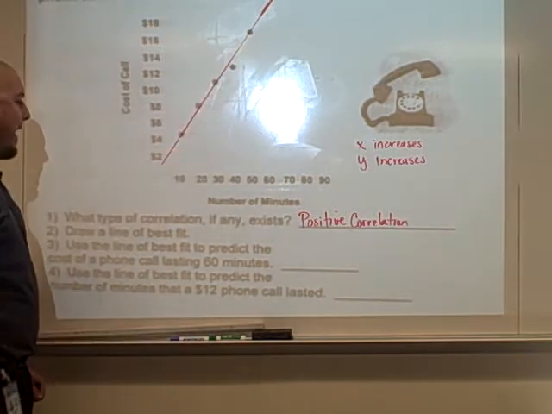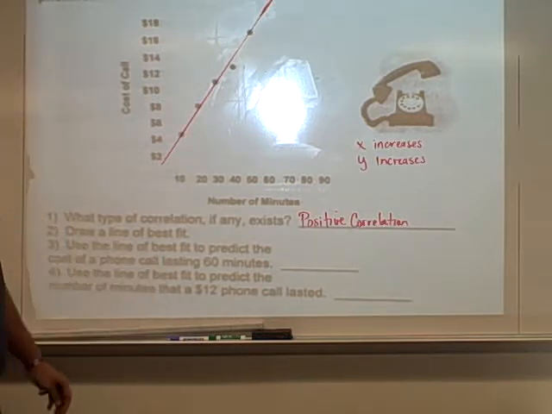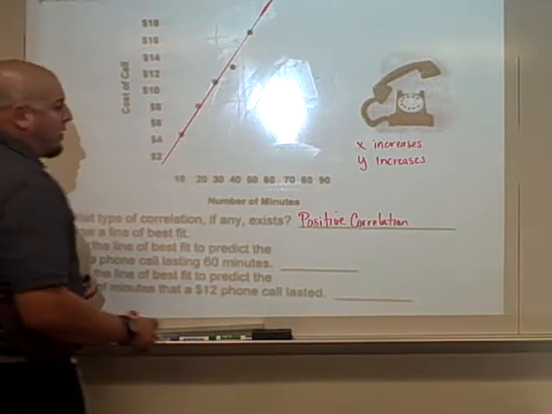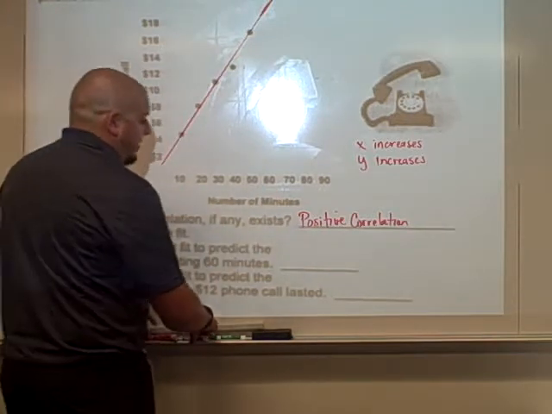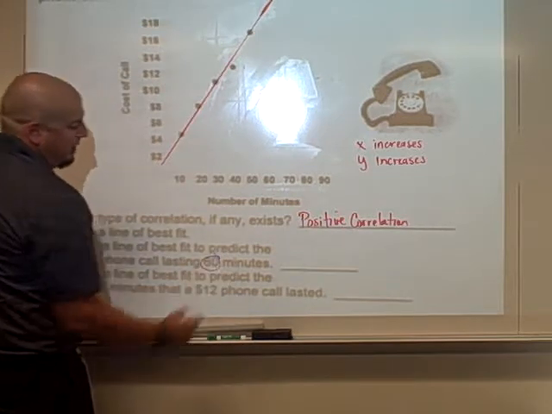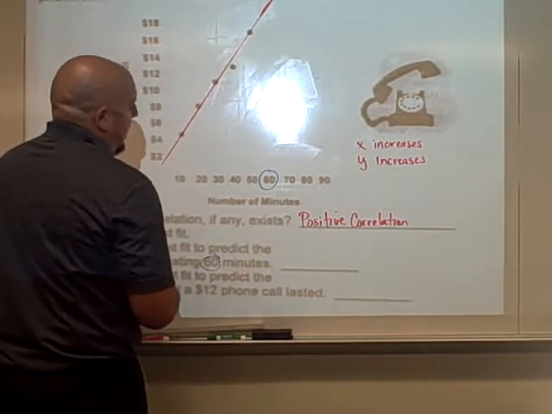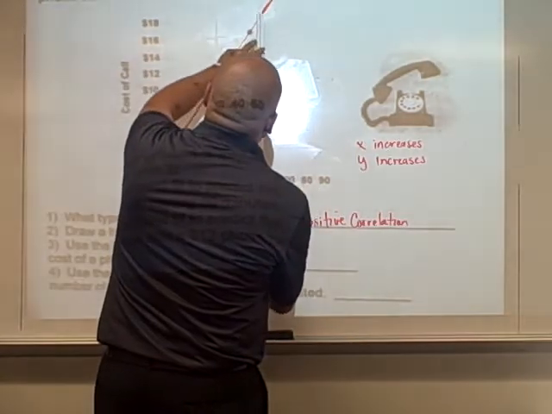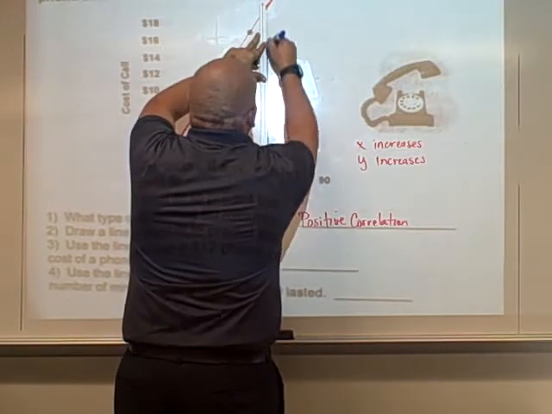Okay, it's pretty accurate. Now it says use a line of best fit to predict the cost of a phone call lasting 60 minutes. So I need to go over here to 60 minutes and make a prediction. And then from 60 minutes, I'm going to draw my line up.